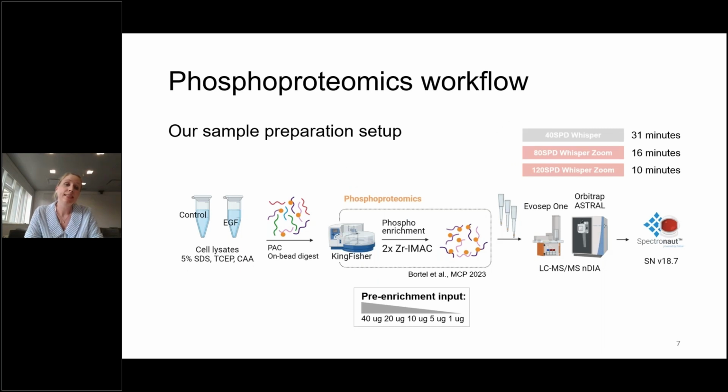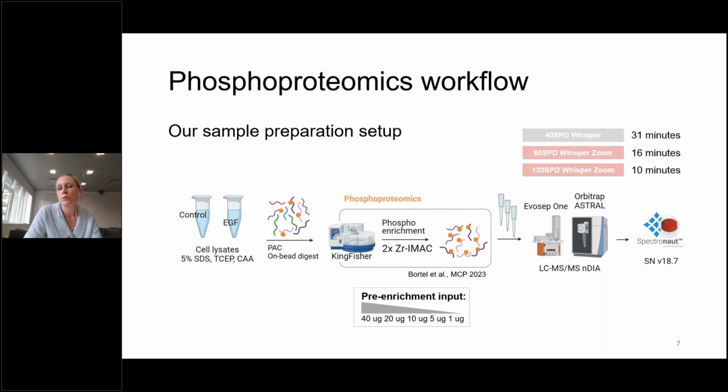And we use these lysates, so control lysates and EGF stimulated, in our sample preparation setup, as you see illustrated here. We have the cell lysates, we digest them into peptides, so we use protein aggregation capture to purify the proteins. We digest with trypsin and Lys-C on bead, and then I've tested different pre-enrichment input amounts as listed here, and used the KingFisher for phospho-enrichment and the zirconium IMAC beads.